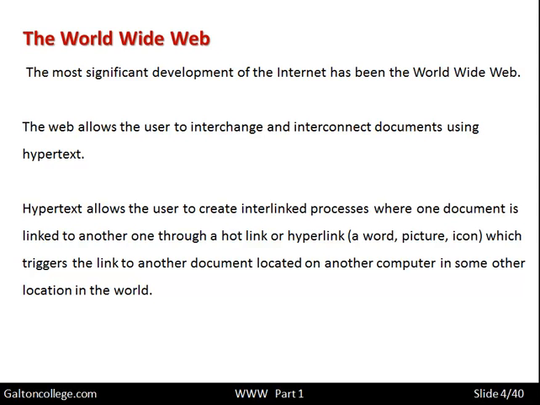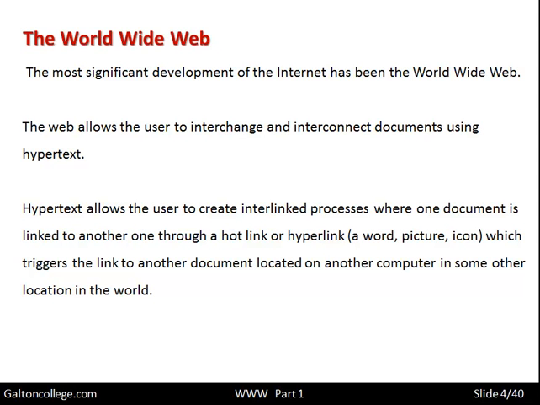Hypertext allows the users to create interlinked processes where one document is linked to another one through a hot link or a hyperlink. This hyperlink could be a word or a picture or an icon. And this triggers the link to another document located on another computer in some other location in the world.